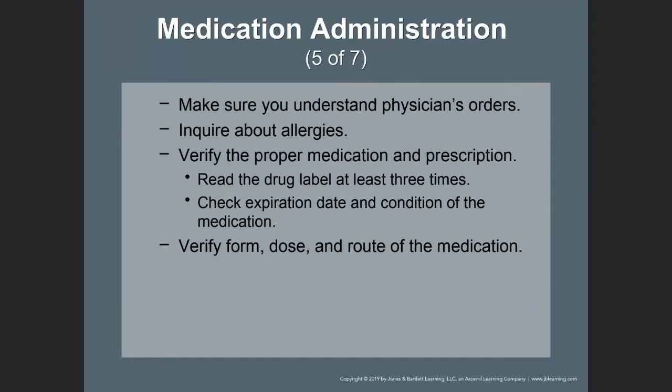So when you get an order, when you take up the drug box, confirm the information on the medication. So that's the first read. When you pull up the medication, you're gonna confirm again. Just before you give the medication, you confirm again, so 3 times. Check expiration date and condition of the medication, verify the form, dose, and route of the medication.